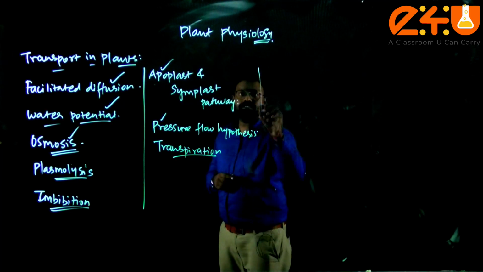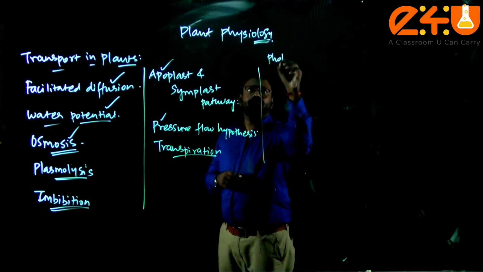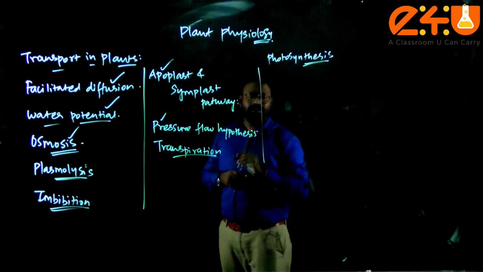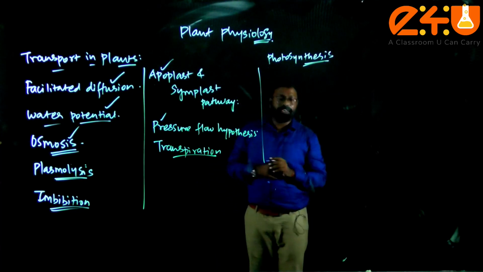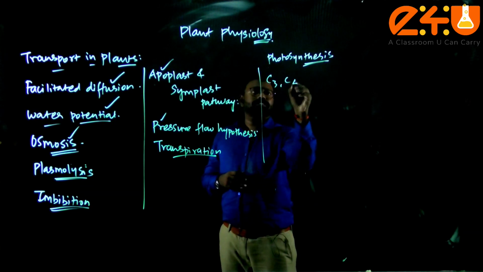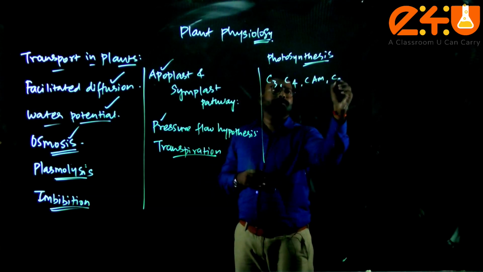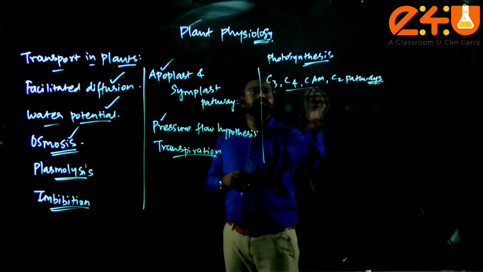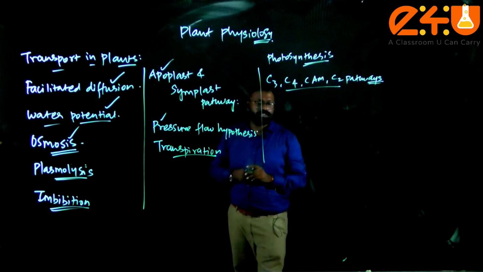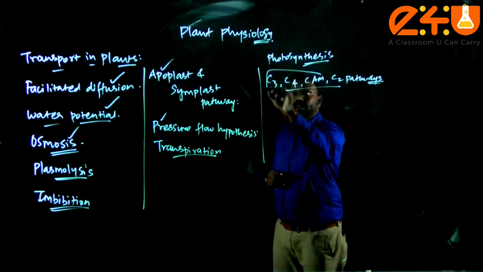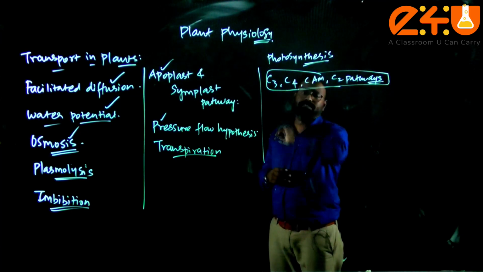So after this, photosynthesis. Photosynthesis in higher plants, this chapter's topics will also play a crucial role. C3, C4, CAM, C2 pathway. From this, 2 MCQs are expected in case of photosynthesis, because more MCQs come from this area.